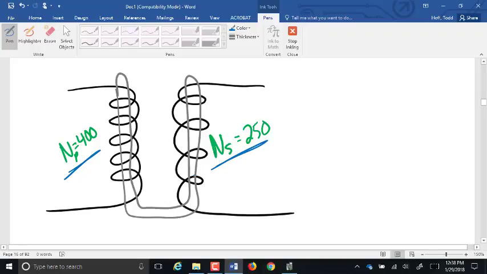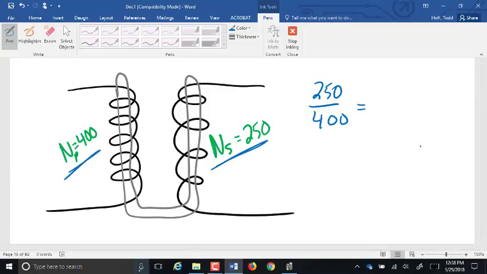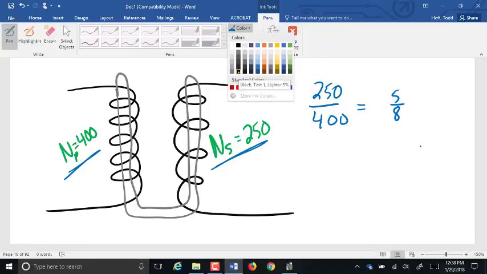Is the ratio... so that reduces to what? 5/8. There we go.